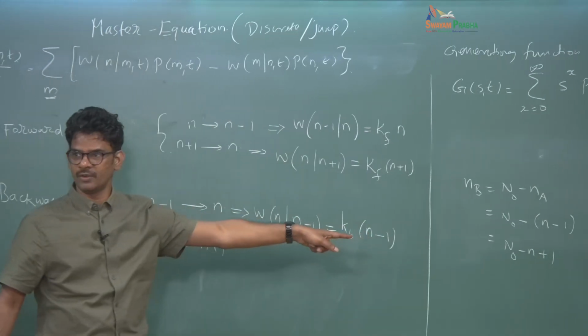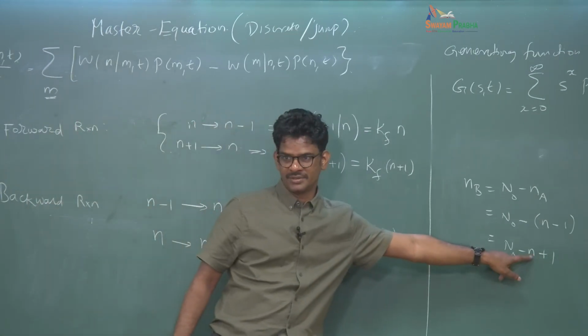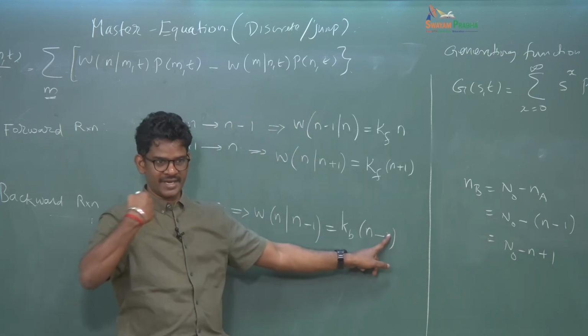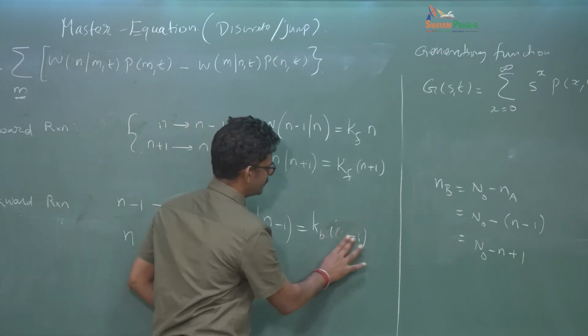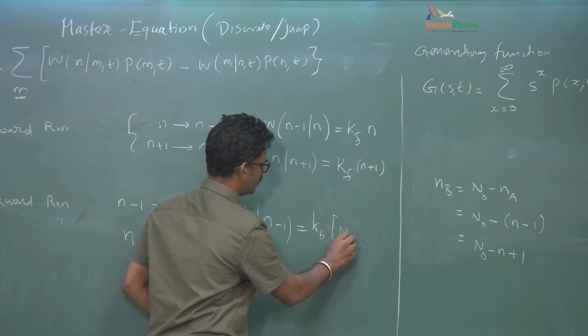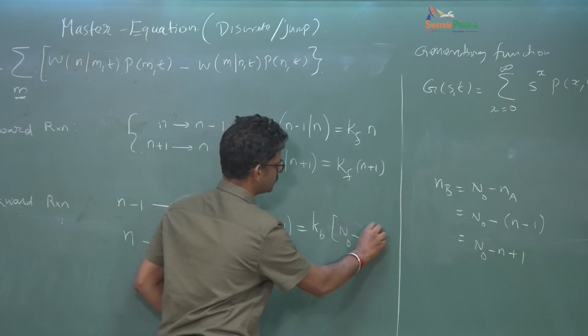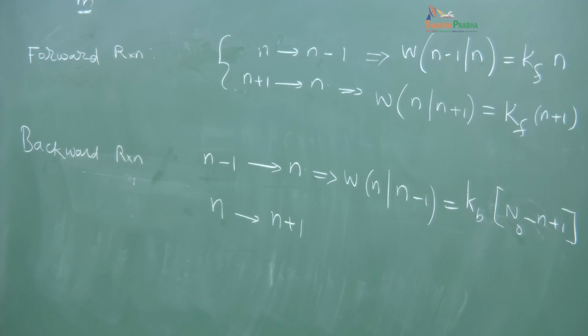This would be the number of molecules of B, and the rate is proportional to Kb times this number, not this number, because the backward reaction depends on the number of B molecules, not the A molecules. So this is not correct. So it should be n naught minus n plus 1. Okay, do you follow?